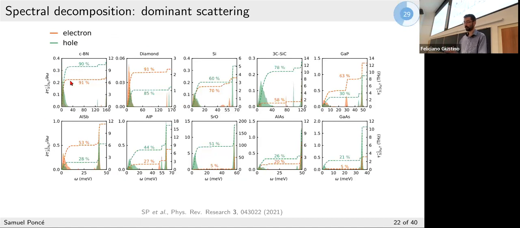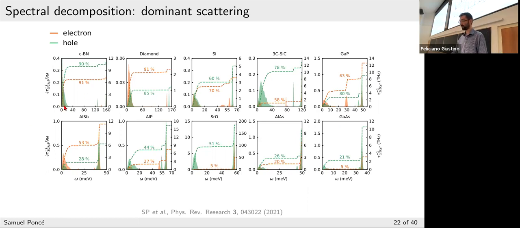What is also quite nice with this framework, with this implementation, is that you can do spectral decomposition. So what I'm doing here is I'm looking at the phonon frequency, and I'm looking at the contribution of each mode to the scattering rate. And from the scattering rate, in this SERTA approximation, this is directly linked with the mobility. So the mobility is proportional to the scattering rate.